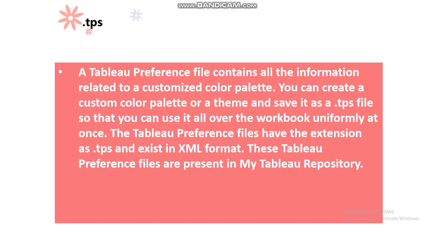You can create a custom color palette or a theme and save it as a .TPS file so that you can use it in the workbook at once. The Tableau preference file exists in XML format and is saved in the Tableau repository.